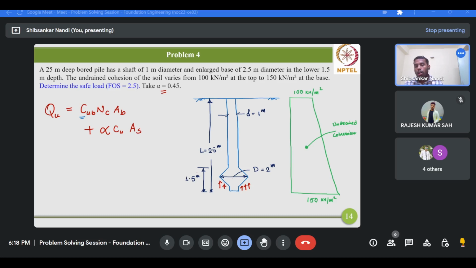So you have to consider the base area of the pile accordingly.